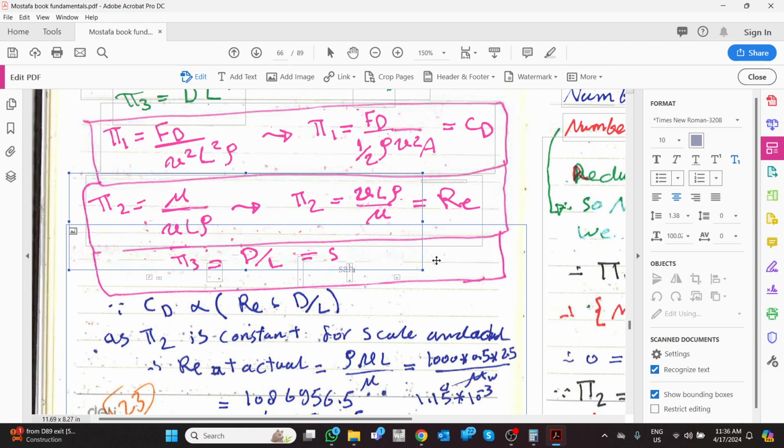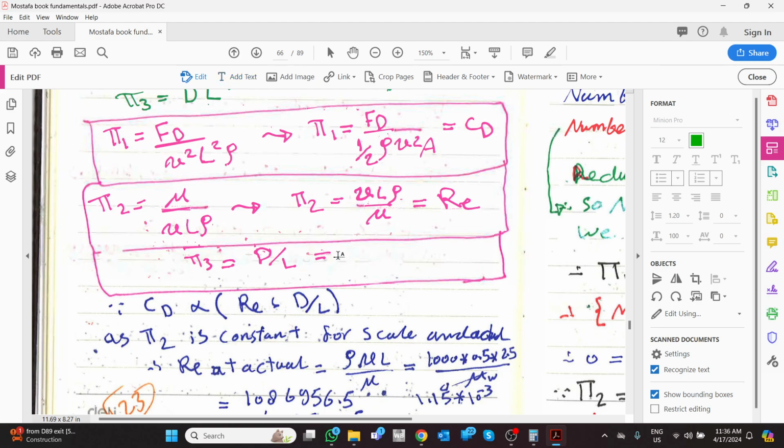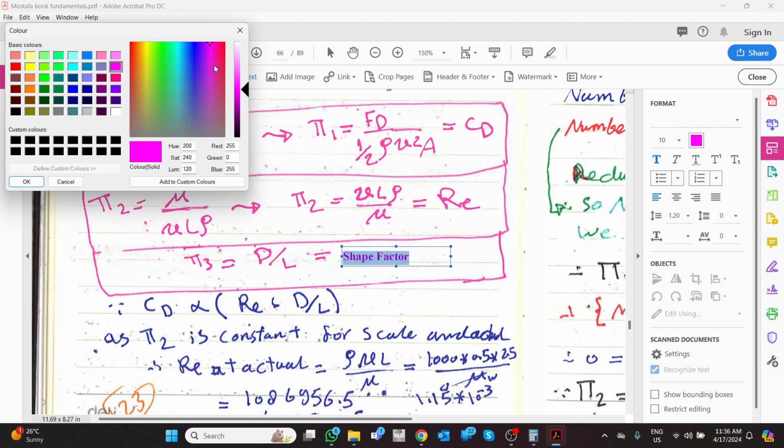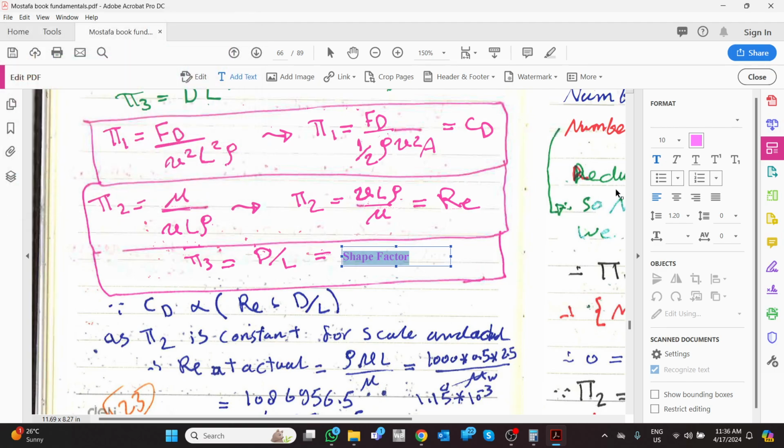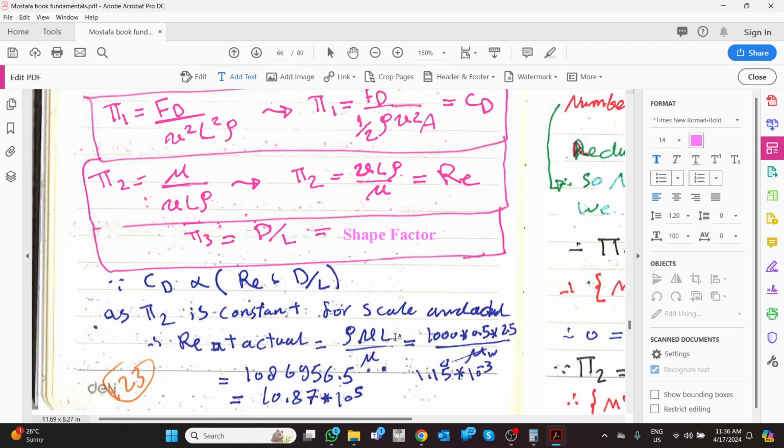Let's say shape factor. Okay, so it is a shape factor.